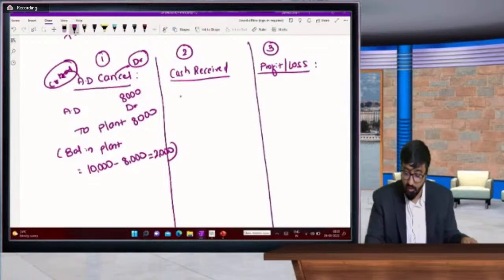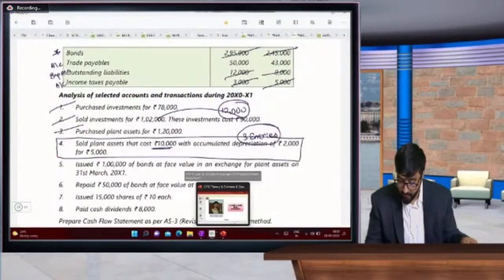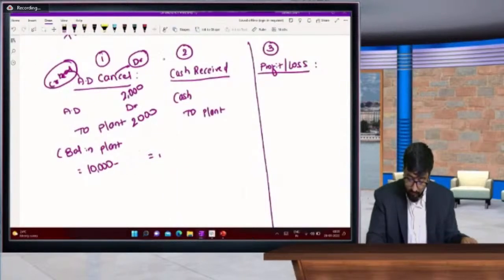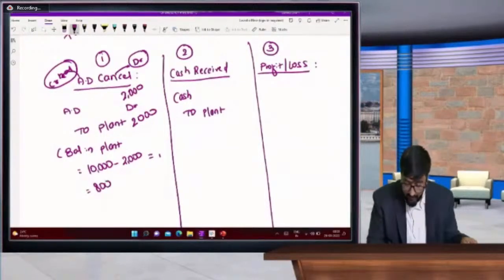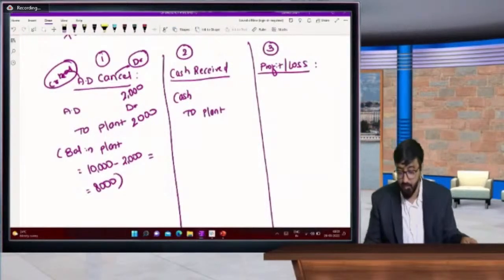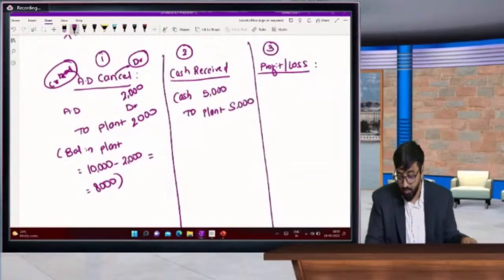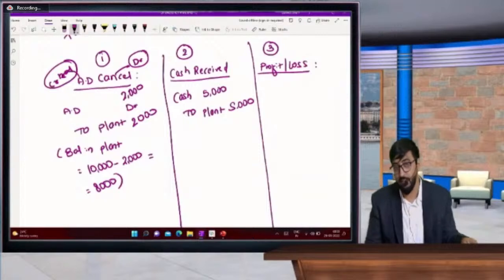Then I received cash. Sorry, I made a mistake. Accumulated depreciation is 2,000, so balance in plant is 8,000. I wrote it in reverse. Now balance in plant is 8,000. I'm getting cash of rupees 5,000. So cash account debit to plant, I'm getting 5,000 rupees.